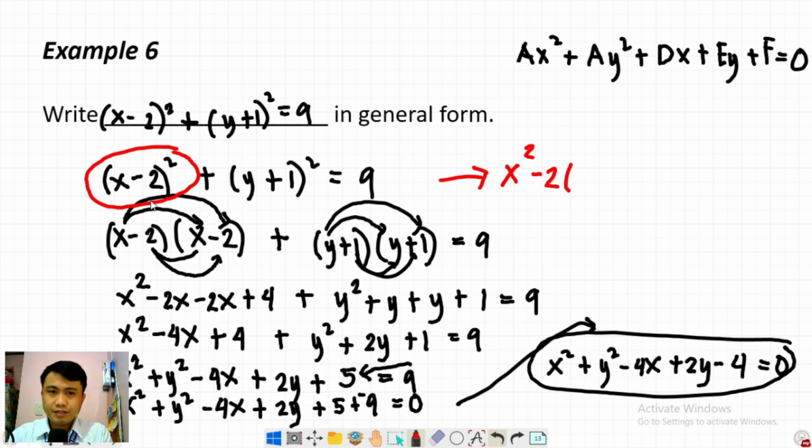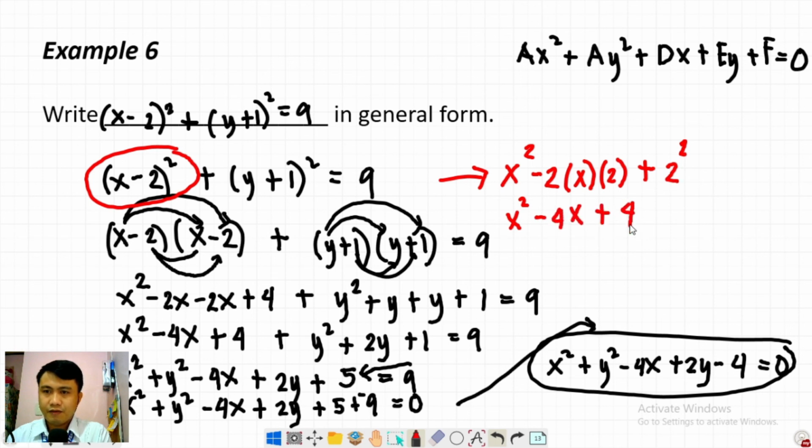Multiply to the first term, which is x, and to the second term, or the last term, which is 2. And always plus dito. And square natin yung last term. So, itong yan ay magiging x² minus 2 times 2 is 4, copy x, plus 2 squared is 4, which is the same lang doon sa ating, nandito na tayo agad, dito sa part na yan.